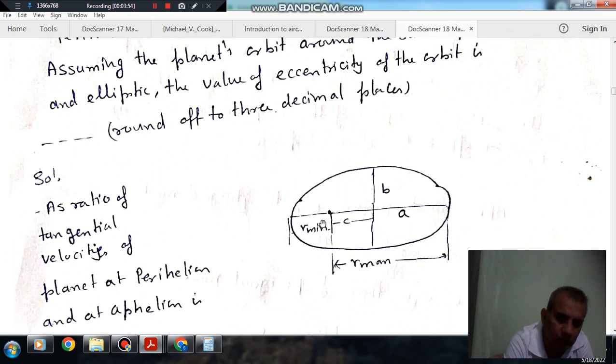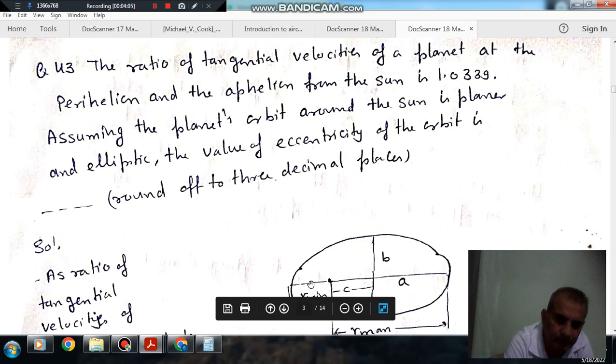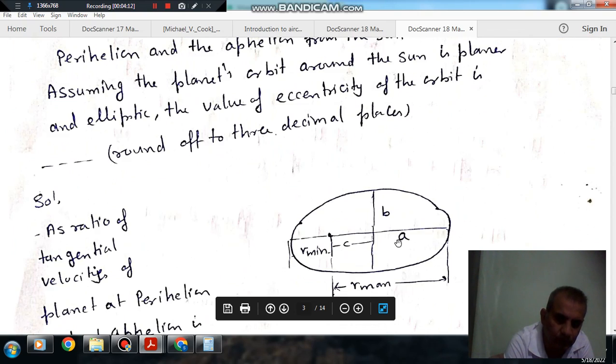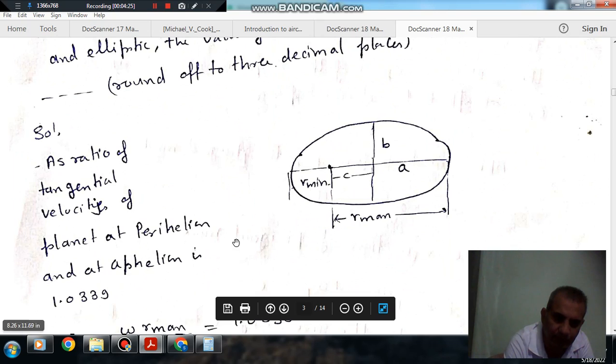So this is your sun, and this is your R minimum, the perihelion condition, and this is the aphelion condition, farthest from the sun. As it is tracing an ellipse, this is A, this is B, and this is your C.